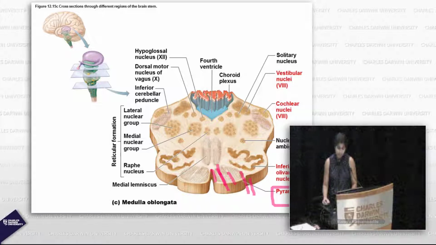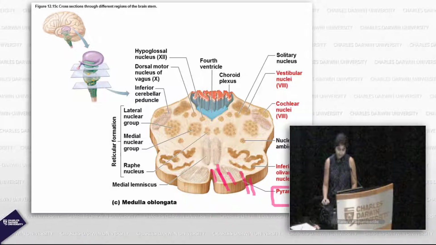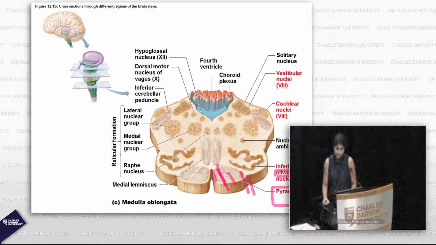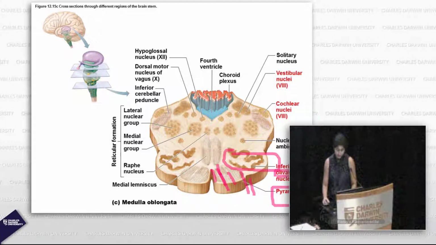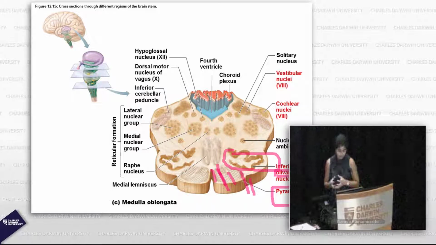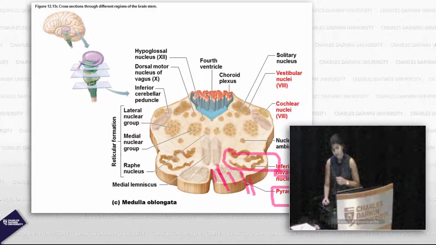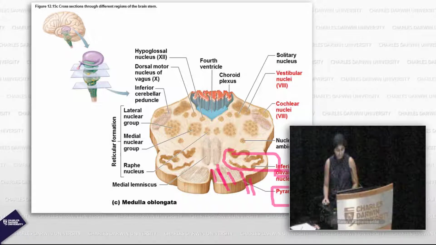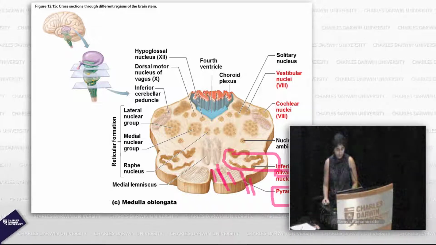Then we have olives, not very clear, but somewhat like this structure here. The olives are nothing but swellings caused by the inferior olivary nucleus, and it helps in passing stretch information from muscles to your cerebrum and cerebellum.